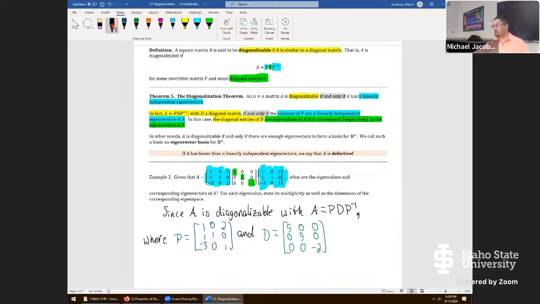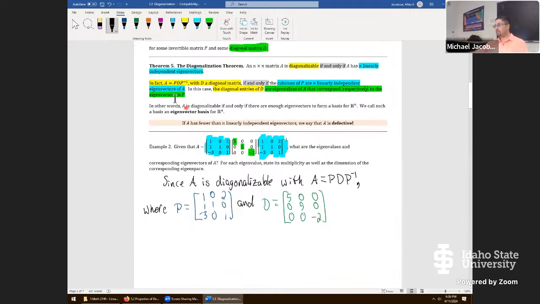All we have to do is just summarize what we see here. So the theorem above says the diagonal entries on your matrix D are the eigenvalues of A. So we can now say lambda 1 is 5, lambda 2 equals -2.